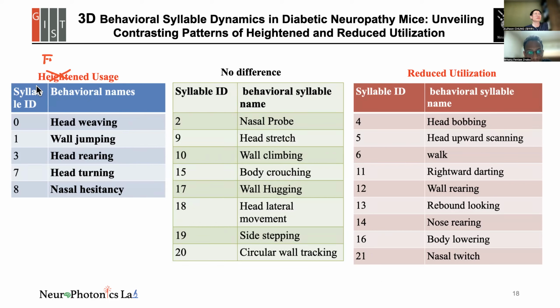Yeah. More frequent usage and then reduced. I mean, whenever possible, use the same words, okay? And then no difference, no statistical difference. But this is less interesting, right? So you want to put it here in the back.